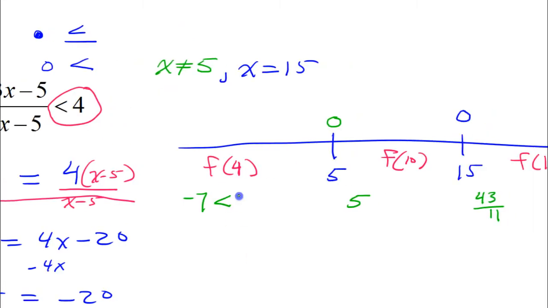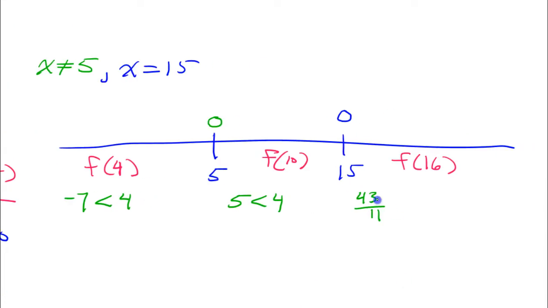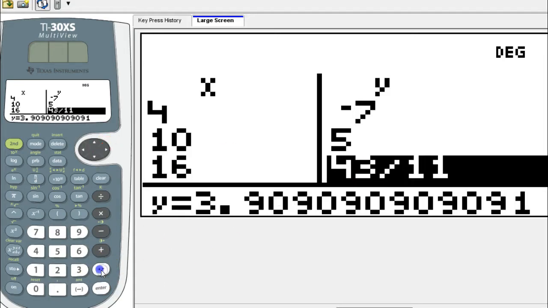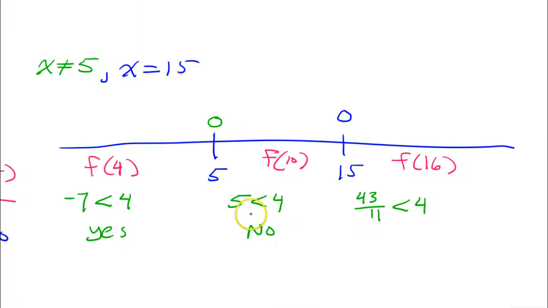So is negative 7 less than 4? Yes. Is 5 less than 4? No. What about this? Well, it would be helpful to look at the decimal version. So highlight it, toggle it, 3.9. Considering that this is 3.9, is that less than 4? Yes, it is. So we have a yes, no, yes.